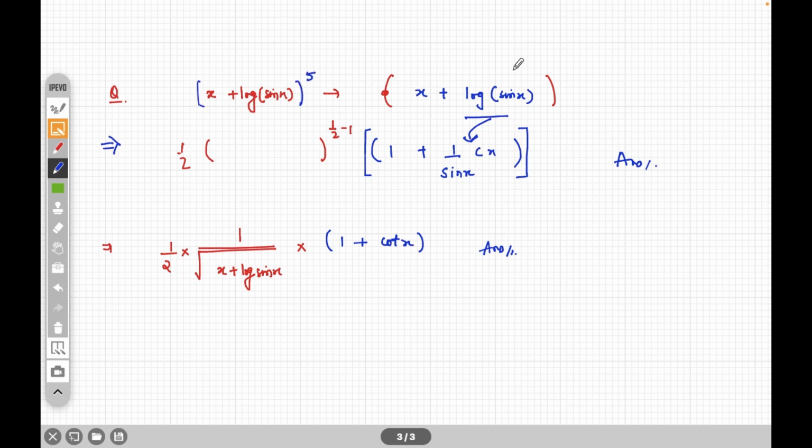What will you do? You will say, sir, 5 comes forward and the power becomes 4. Yes or no? So instead of a beautiful power like 5, I have given a complex power 1 by 2. Understood? Clear?